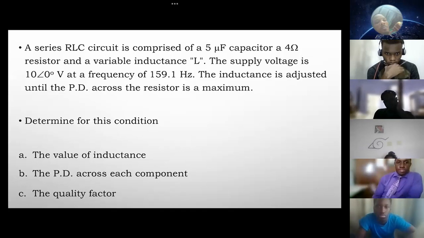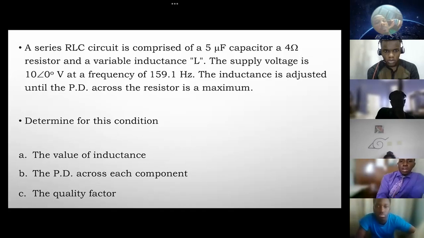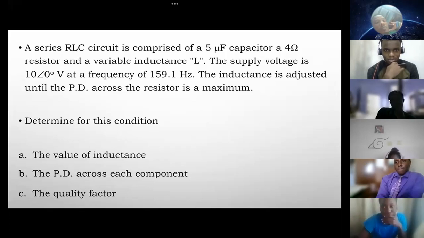Apart from the fact that we are doing a resonance class. What is it about the question that tells you that the circuit is at resonance? Sir, not sure. Yeah, I know you're not sure. Hardly anybody in the class is sure, but I still need an answer.